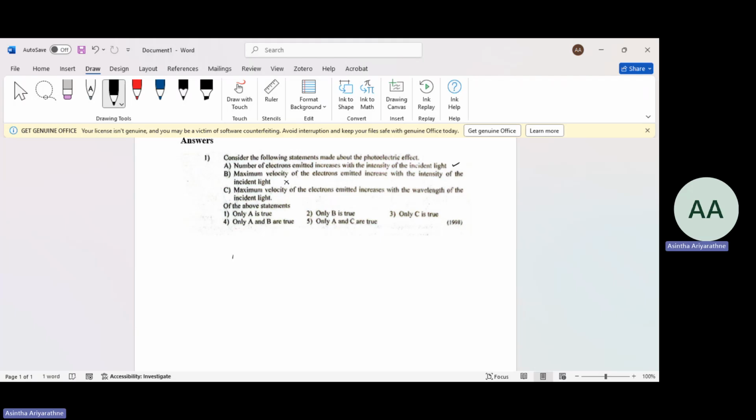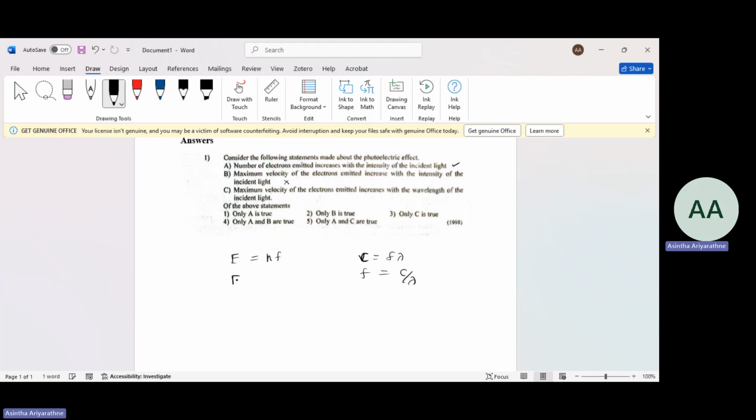So E is equal to h f, and we know c is equal to f lambda. So f is equal to c over lambda.